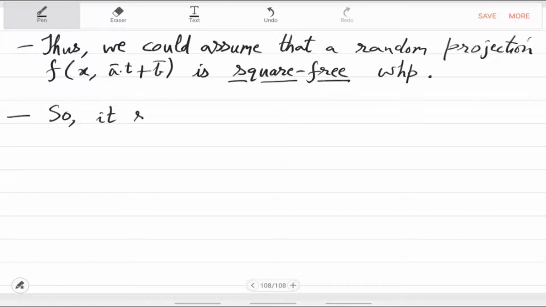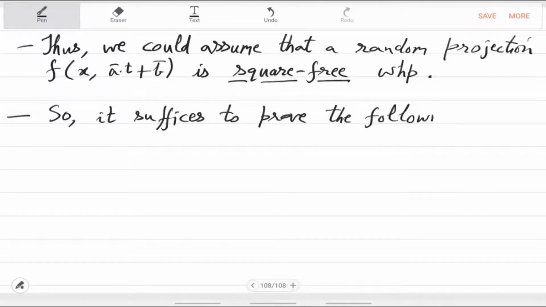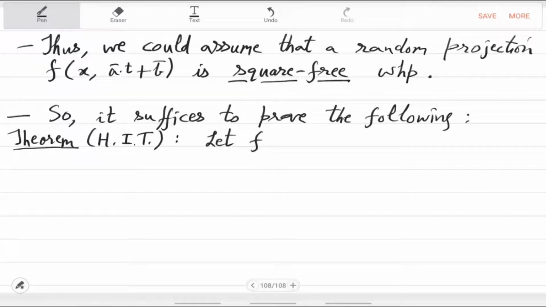So it suffices to prove the following. Let f be almost monic and irreducible.